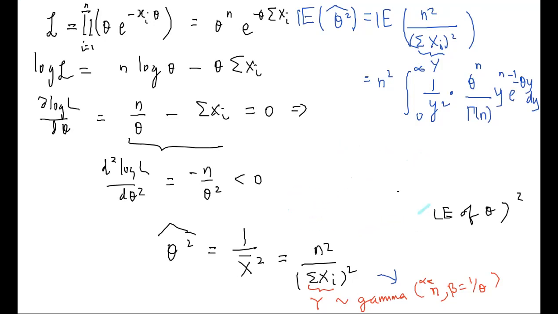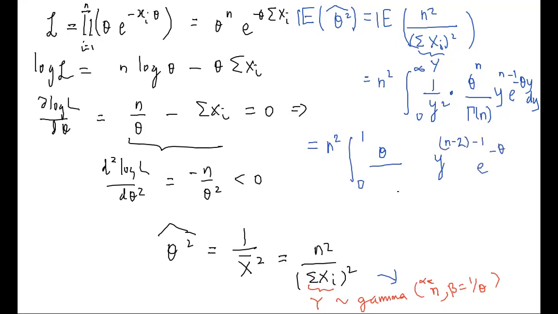Right, so then you can continue this. This will be n square times the integral. Let's focus on the y first. So you've got y to the n minus 2 minus 1, e to the minus theta y, dy.